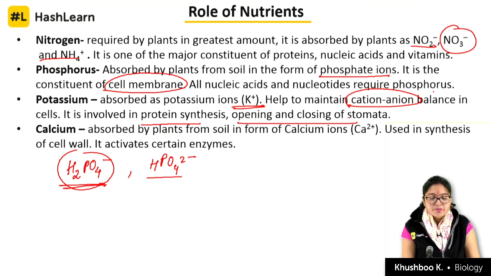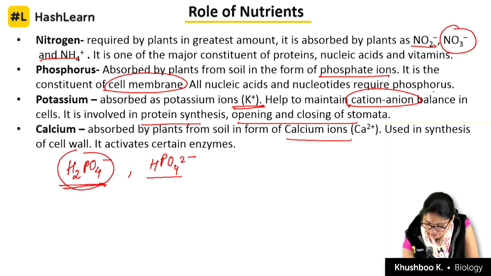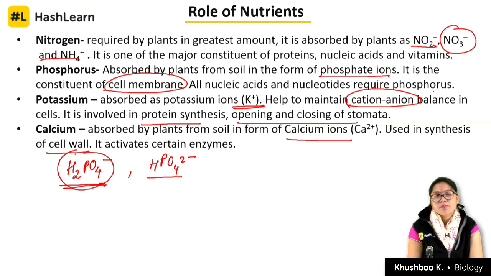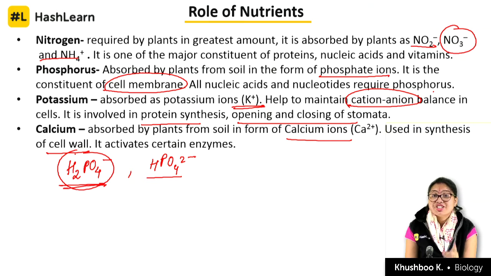Next is calcium. It is absorbed by plants from the soil in the form of calcium ions itself, okay, or it is calcium carbonate, the form in which it is found in soil, and from there it will be absorbed, used in synthesis of cell wall. ये cell wall में होता है in the form of calcium pectate.